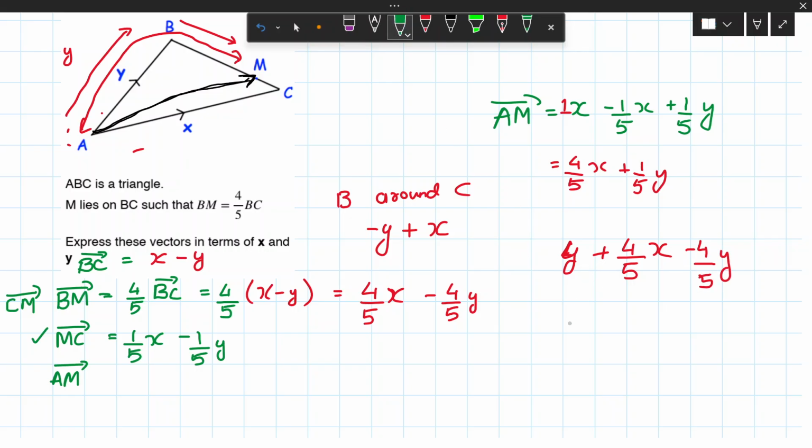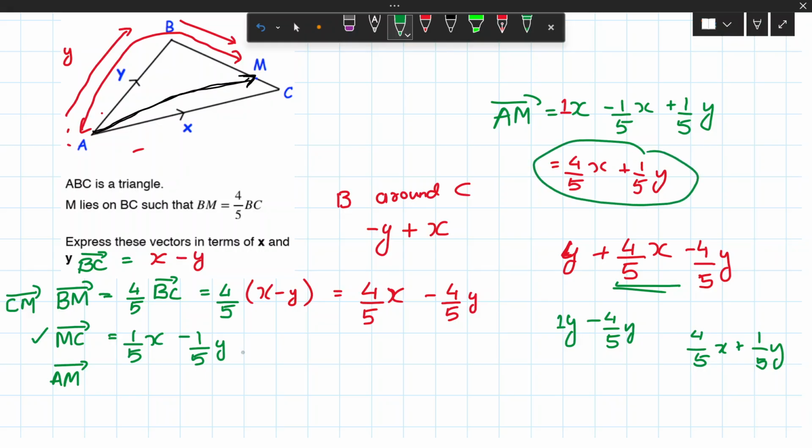That's 1 full y, take away 4/5 y, so that should be 1/5 y. And nothing has happened to the 4/5 x here. So that would be 4/5 x plus 1/5 y, which is exactly the same answer that we got there.